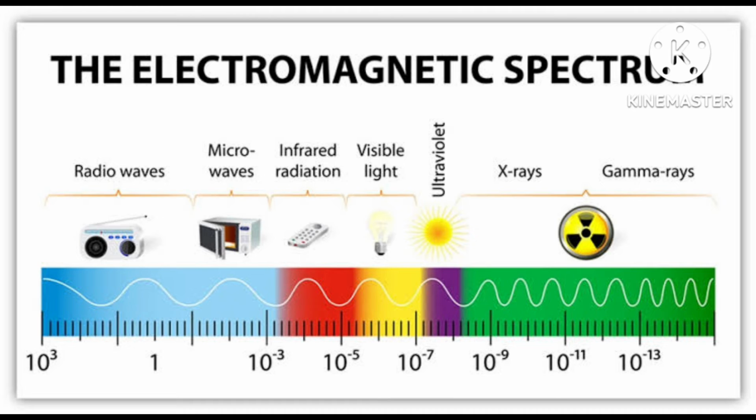Frequency and wavelength are inversely proportional. If frequency is more, wavelength is less. If frequency is less, then wavelength will be highest. Radio wave has the highest wavelength, hence its frequency will be very less.